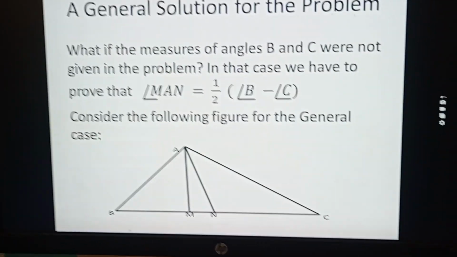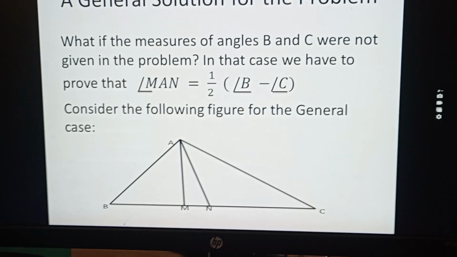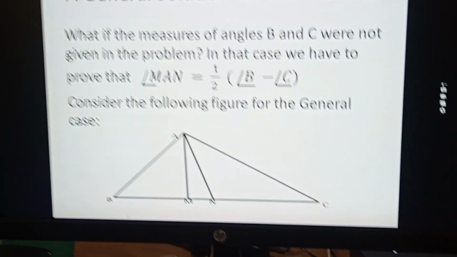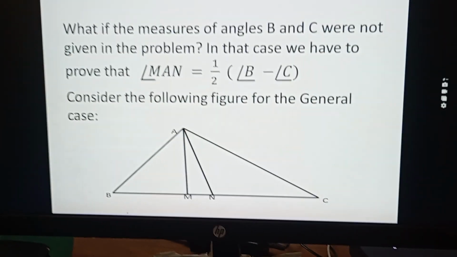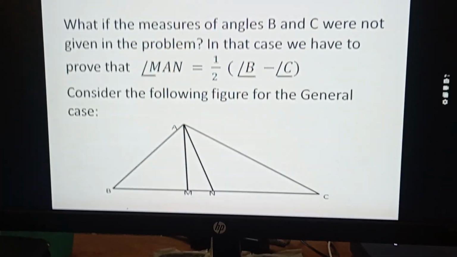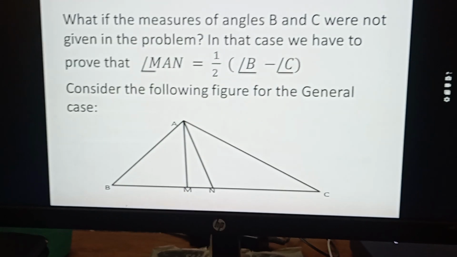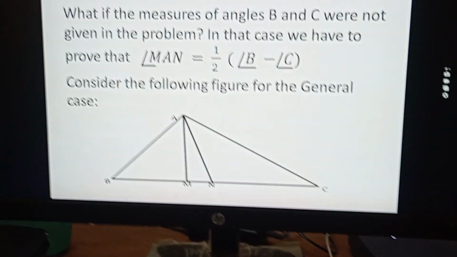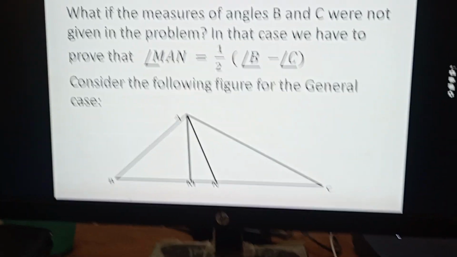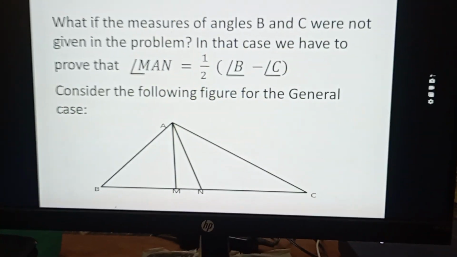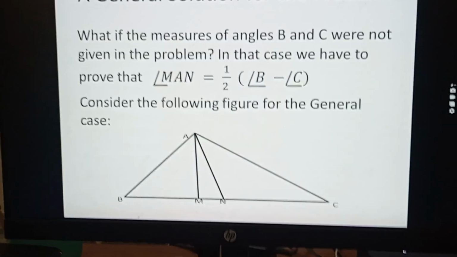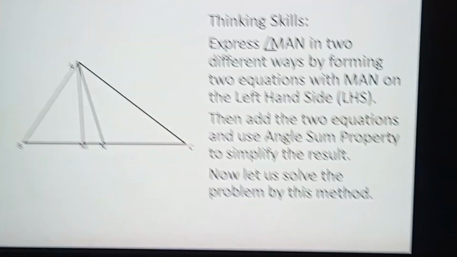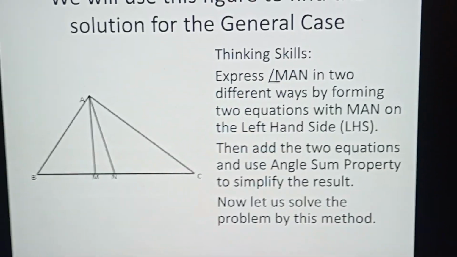Now let us consider the figure without the measures. The triangle ABC, AM is perpendicular to BC, AN is the angle bisector of angle A. These are the same question, but the angles B and C are not given now. Look at this figure. This is the figure for the general case, we will maintain the same figure now.